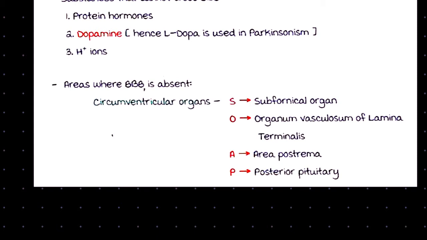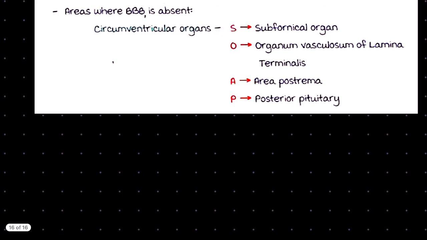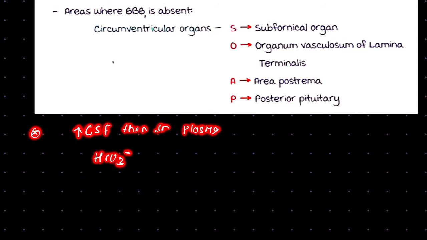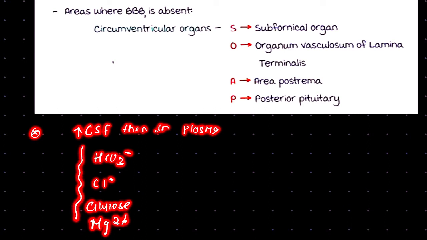So for a quick review, I would like to ask you some questions. Which of the constituents is more in CSF than in plasma? The options are bicarbonate, chloride, glucose, and magnesium.